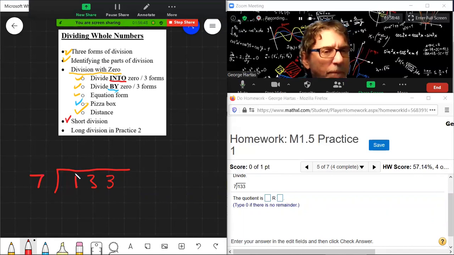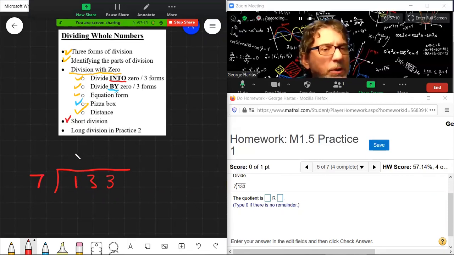No, because this number has to be either the same as this or bigger for 7 to divide into it. And 1 is smaller than 7, right? So 7 does not divide into 1.